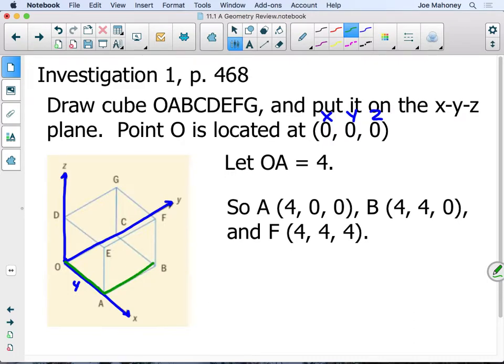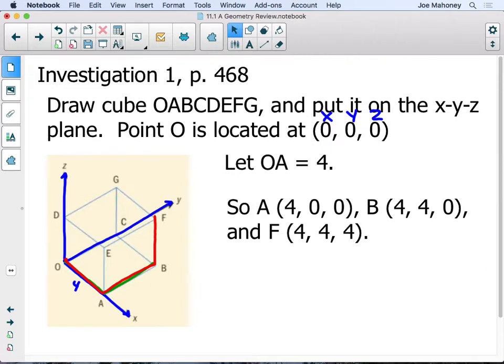And you're not going up, so your z value is 0. And then point F is at 4, 4, 4, because, and we'll trace that in green, you go 4 in the x direction, this is red, 4 in the y direction, and now we're going up 4 in the z direction. So that's where point F is at 4, 4, 4.